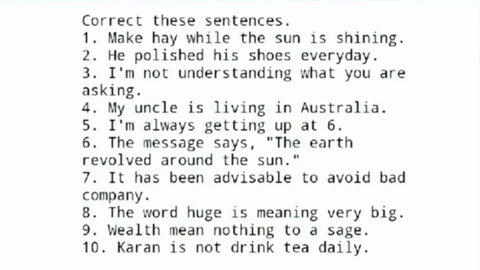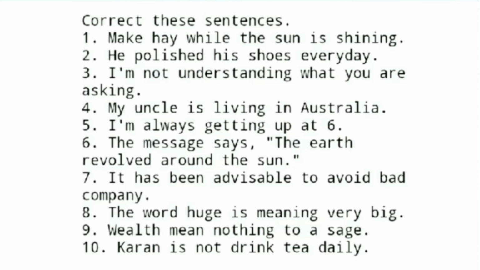Number 6, the message says the earth revolved around the sun. Here, it is a universal truth and it should be in simple present tense. And the correct sentence is the message says the earth revolves around the sun. Number 8.